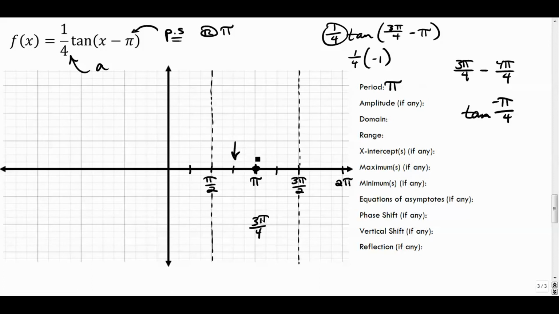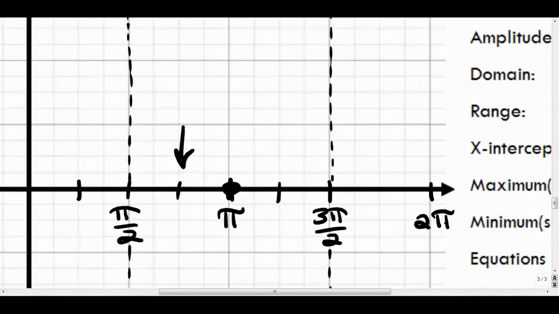When x is 3 pi/4, y is negative 1/4. Multiply these two together. So let me zoom in on this. I could make this negative 1/4 right there, assuming I keep this as negative 1. But I might not want to do that just because it's so kind of cramped. It's totally up to you though.